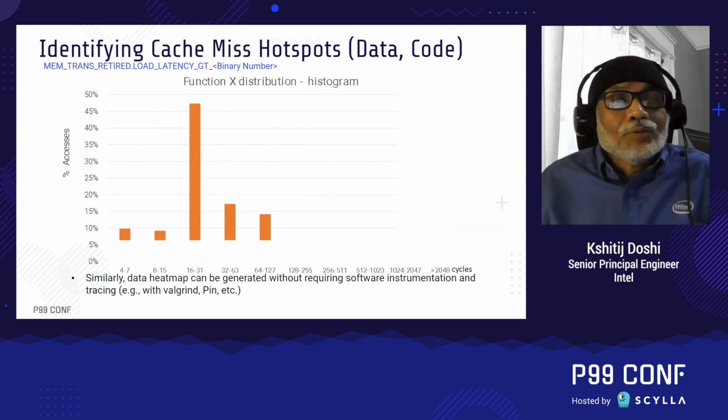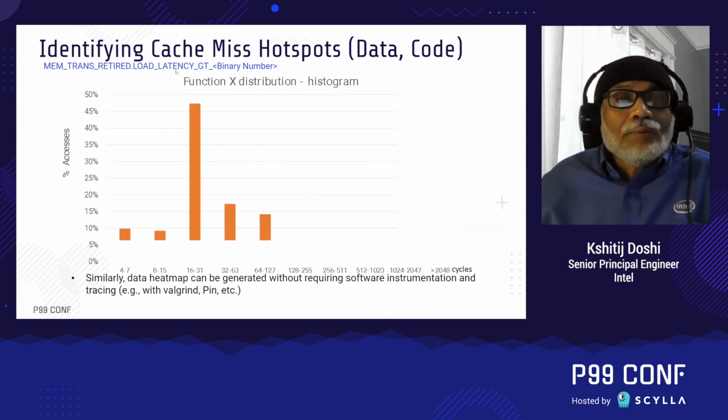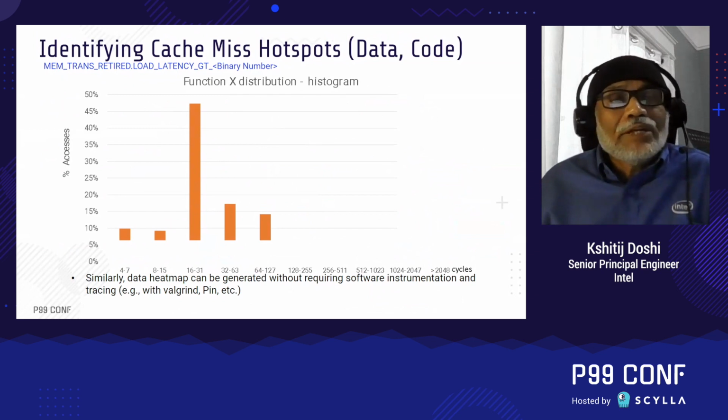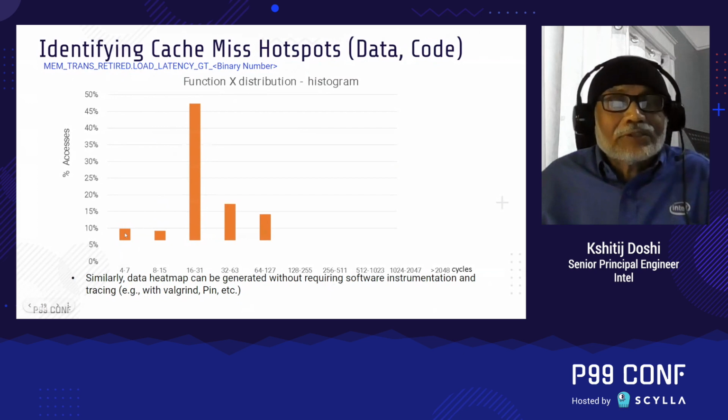Shown here in the blue is a code for how one might collect memory transactions that upon completion had required a latency that was greater than some threshold number. So with that threshold number, one can profile various kinds of latency ranges. For example, latency ranges of 4 to 7 or 8 to 15 clock cycles, right? It's at that small a granularity, right?